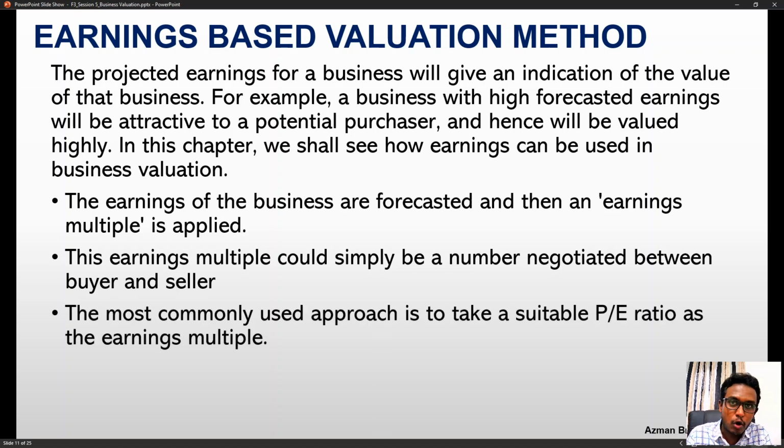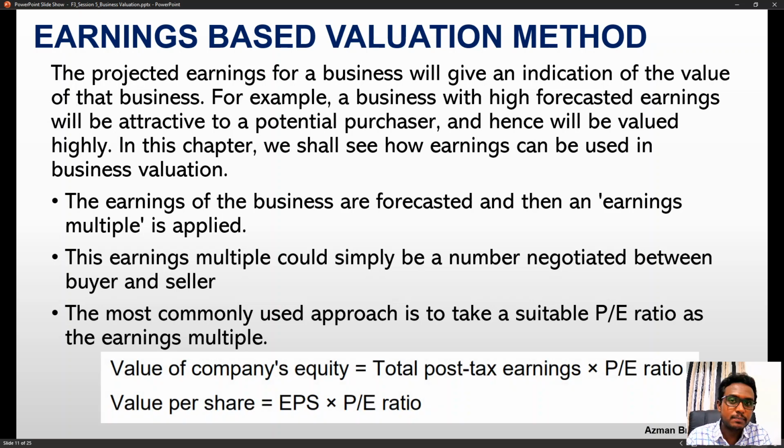But the most commonly used approach is to take a suitable PE ratio as the earnings multiple. So suitable meaning if it's a listed company, you might look at the price to earnings multiple historically, not to say that you're going to use the previous year's figure, but you look at the momentum and the range and the volatility of the price to earnings multiple, and you make a judgment call saying I need this multiple of my earnings.